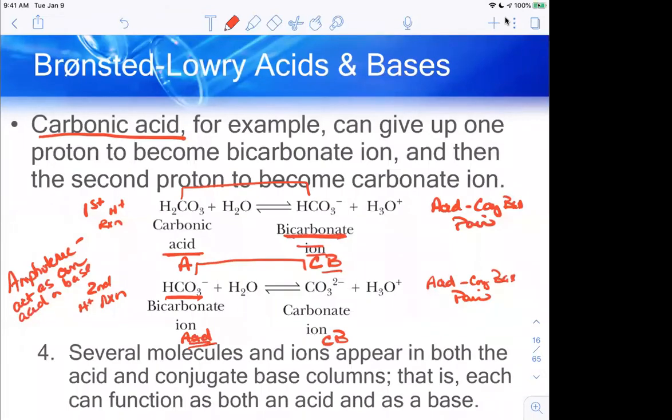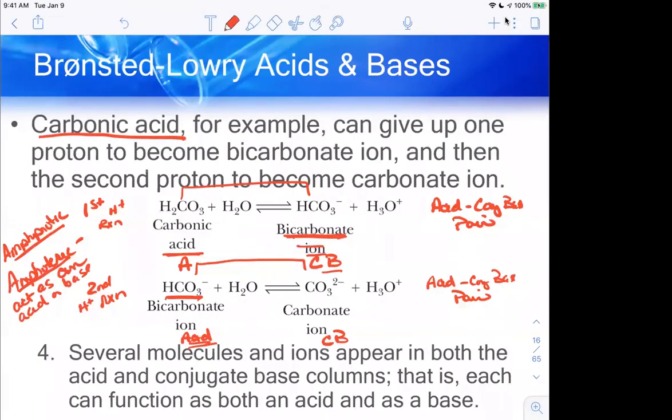It's also called amphiprotic. Those 2 words mean I have a species that can act as an acid or as a base, depending on the circumstance. Water is also a really important amphoteric substance.